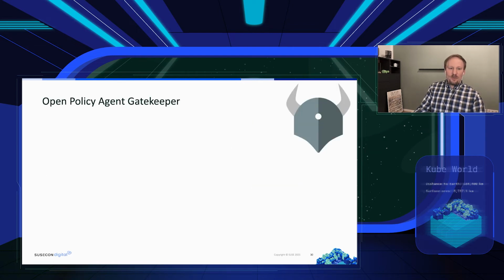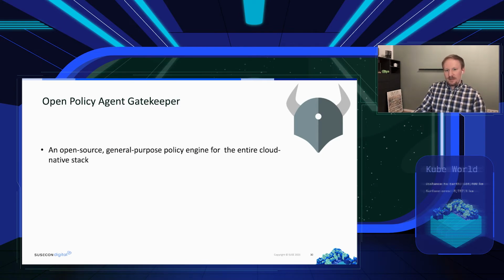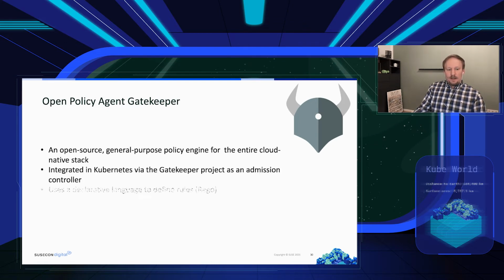Let's quickly talk about Open Policy Agent Gatekeeper. This is an open source general-purpose policy engine. It was not specifically built for Kubernetes, but Open Policy Agent, by means of the Gatekeeper project, is now also integrated in Kubernetes. What's nice about Open Policy Agent is that it comes with its own declarative language.